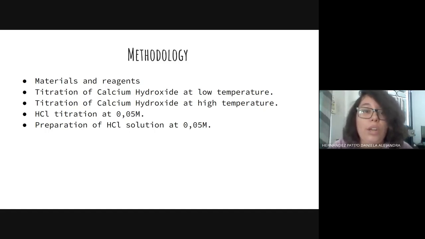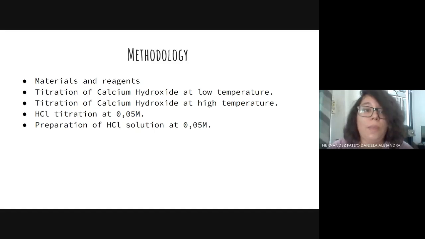Then prepare the liquids with 0.015 grams of sample within 10 milliliters of distilled water and the indicator methyl orange. Finally, treat the solution with hydrochloric acid at 0.05 molar until it turns pink and heat the sample until it starts to boil. If the solution changes to yellow, it is treated again until it turns pink.